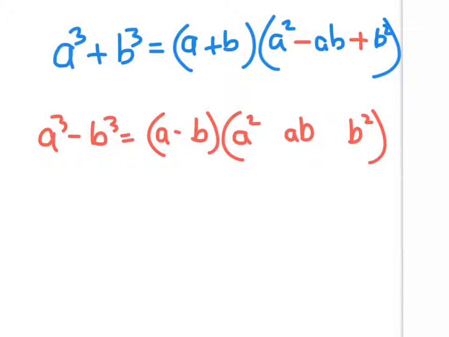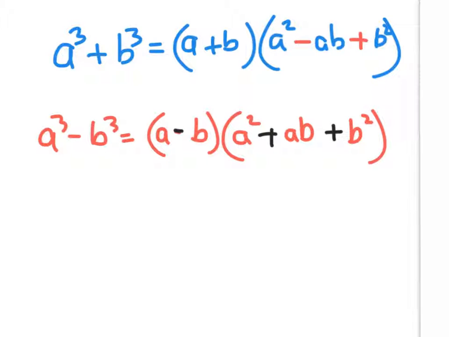And again you need signs. This first one was a minus because the original was a minus. So this guy right here has to be the opposite, which is plus. And of course the b squared is always plus. And that's how you memorize the formulas. I guess I shouldn't say create the formulas. We're not creating them, we're just memorizing them. But that's the way to memorize them.